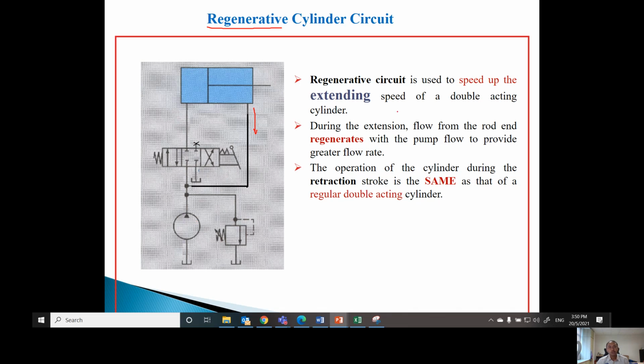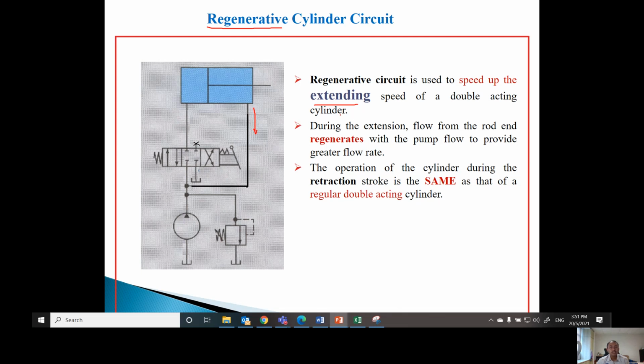The purpose of having this regenerative circuit is to speed up the extending speed of the double acting cylinder.